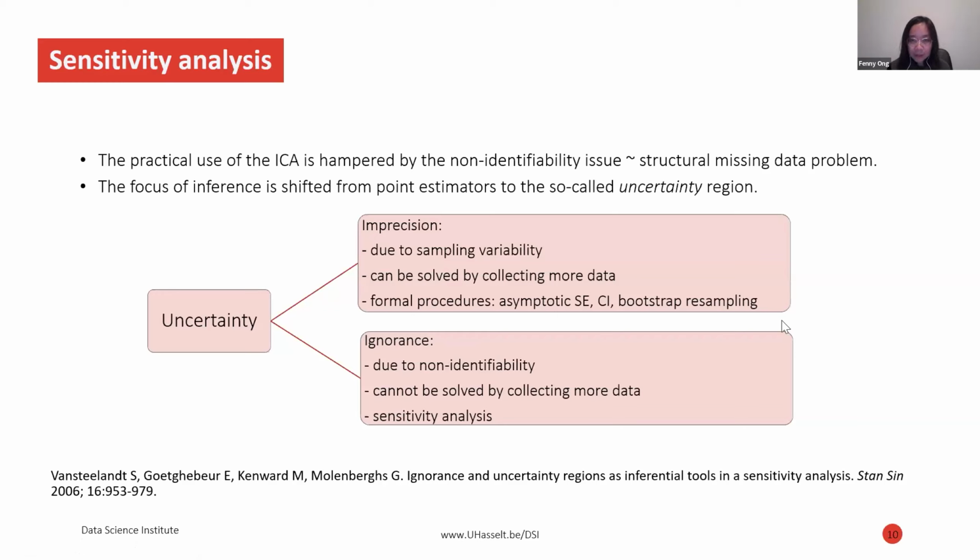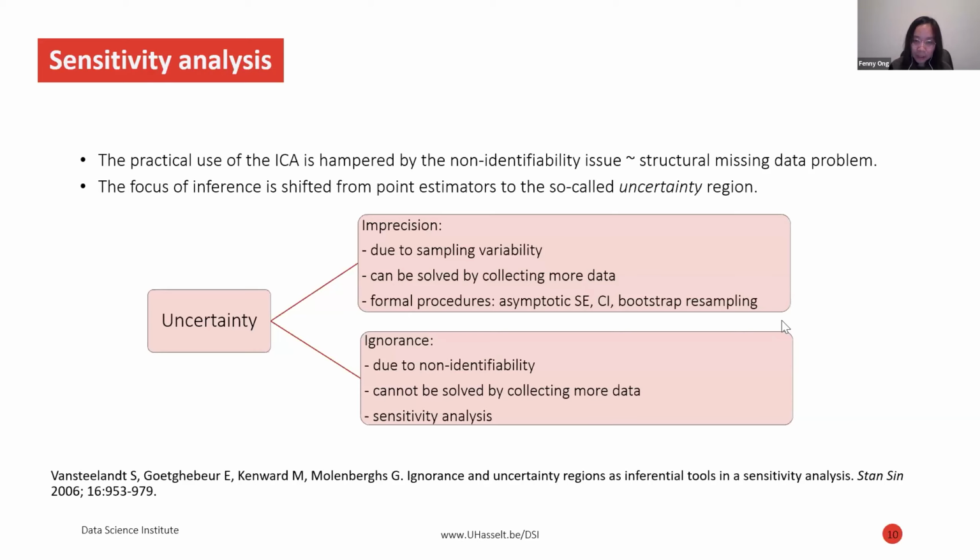This uncertainty basically consists of two components. So first is the imprecision component due to sampling variability, which can actually be solved by collecting more data. There are also some formal procedures available to handle imprecision. For example, we can use asymptotic standard error, confidence interval, or bootstrap resampling.